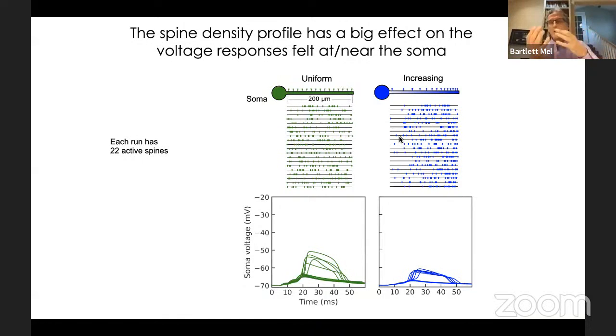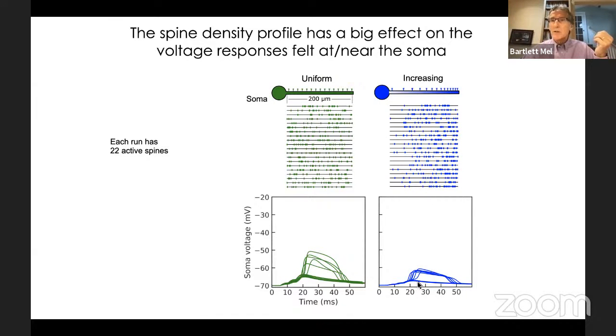Now, what are you going to do? We're going to try three things: uniform, increasing, decreasing. As a kind of control, we looked at the increasing distribution, meaning that the density is increasing towards the tip of the dendrite. Here you can see there's a rightward bias in where the spines are going to be activated, naturally, because that's where they are. And it's the exact same deal.